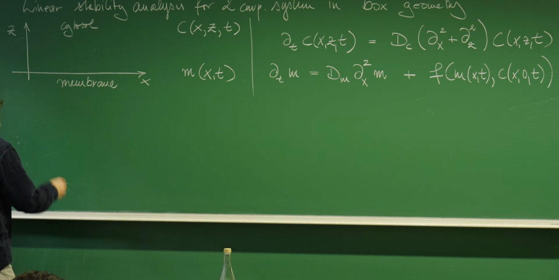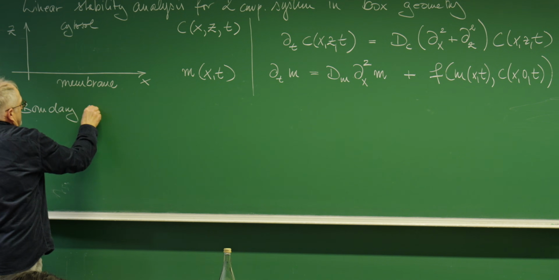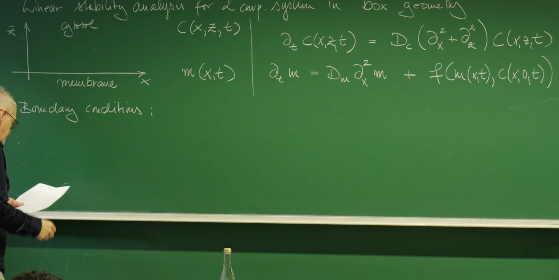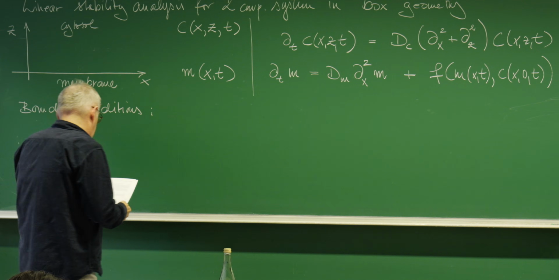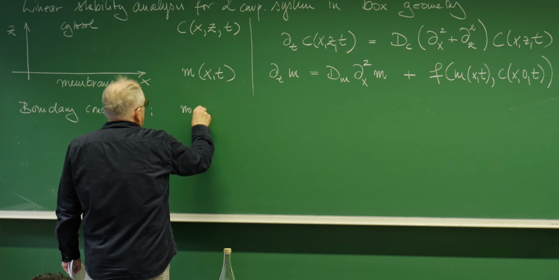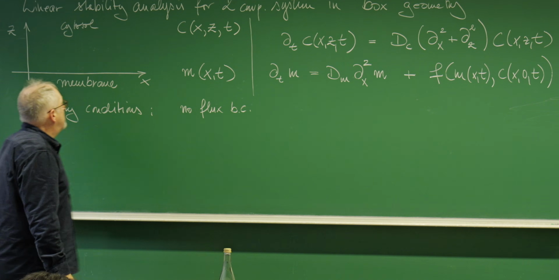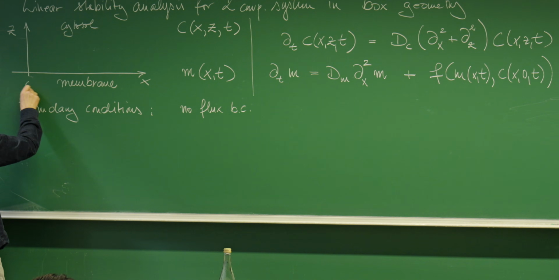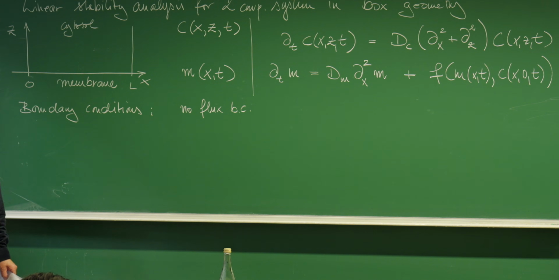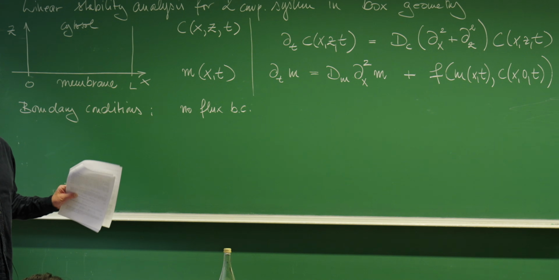In order to be complete, I need boundary conditions. There are a few which are kind of trivial, which is the no flux boundary conditions. So when I'm here in a domain that goes from 0 to L, a box, then at the right and left end, I want the system to be closed.